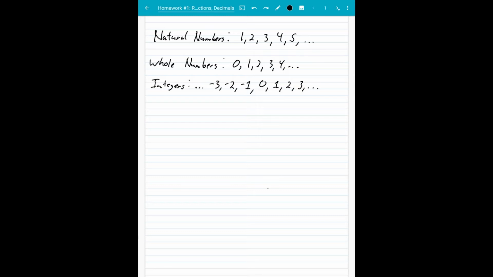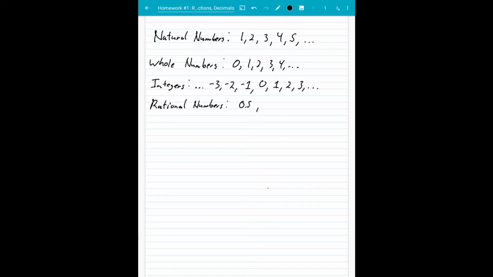It's a whole number. Then we move into rational numbers. And all of these are part of the real numbers. Rational numbers are anything that can be represented as a ratio. So with rational numbers, think fractions or think decimals. Rational numbers could be 0.5.